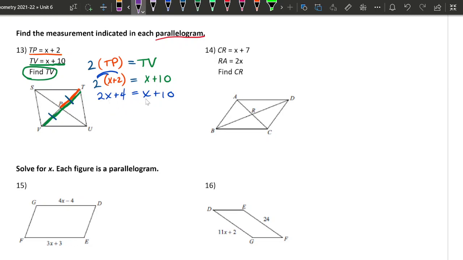I have 2x and I have 1x on the right. I need to get them together, so I'm going to subtract x. So now I have x plus 4 equals 10. So I'm almost there. Subtract the 4. And now I know that x equals 6.